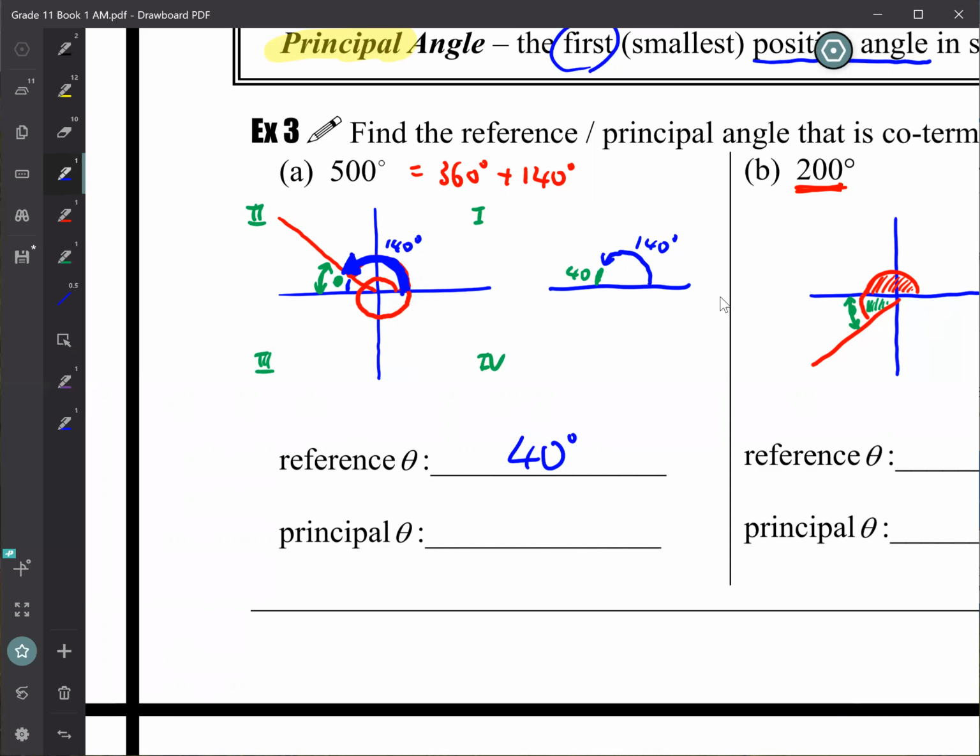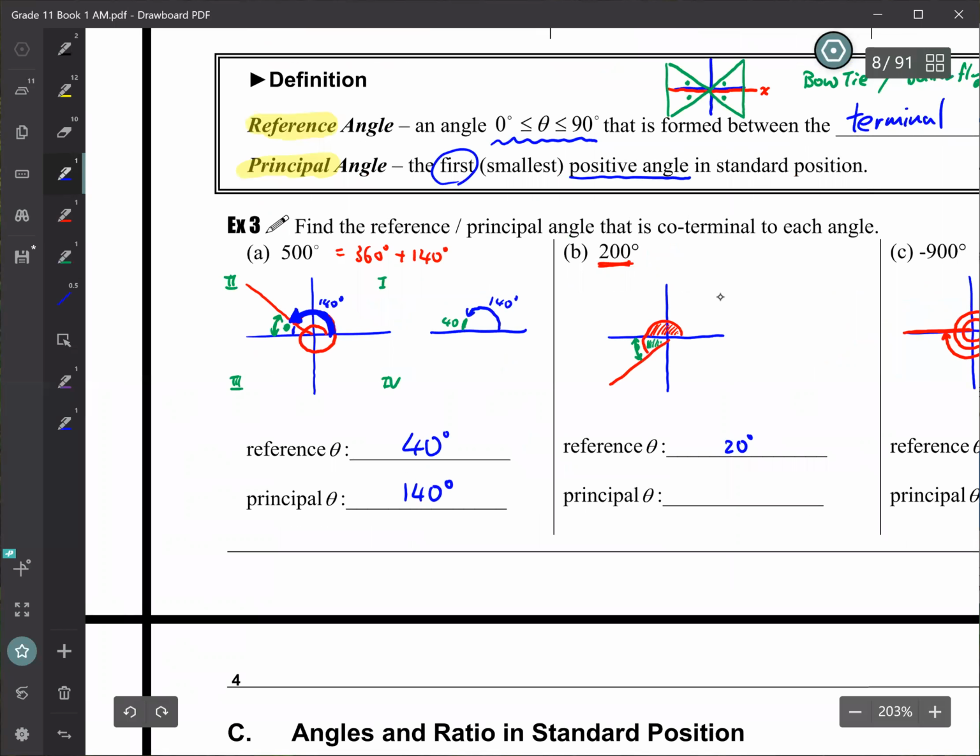So we call that the principal, the main one, 140 degrees. Because if I keep on turning, I can get the second one, but I want the first one. So for question B, the first positive that I can get will be the picture like this, the blue one.